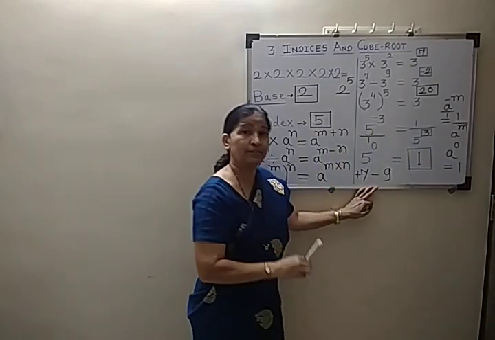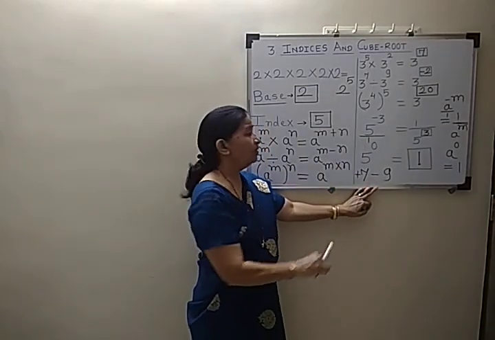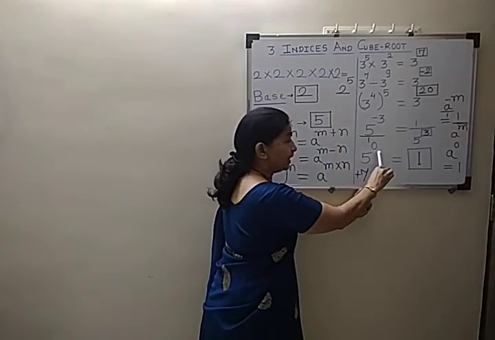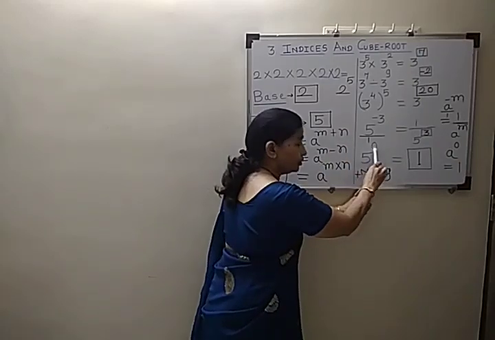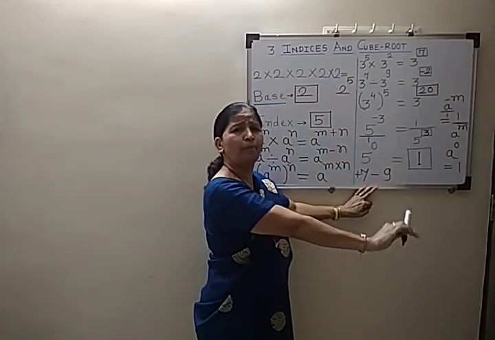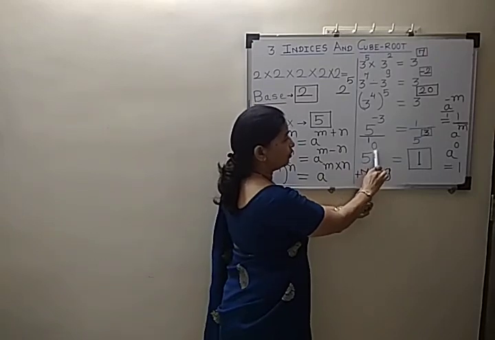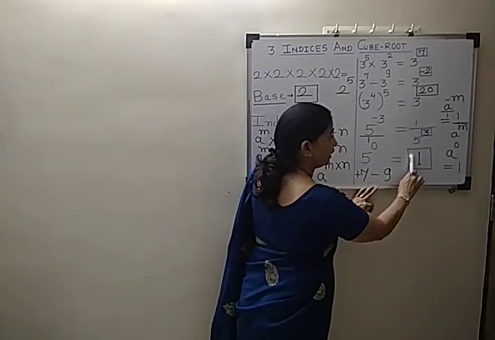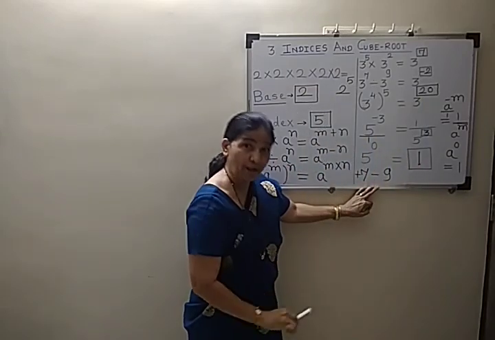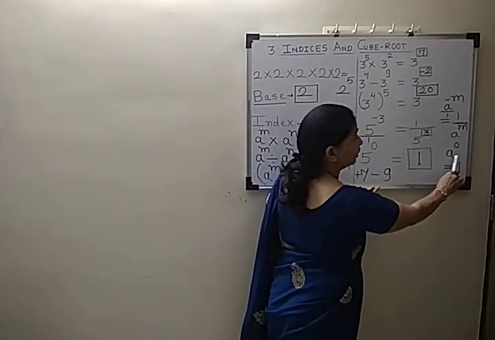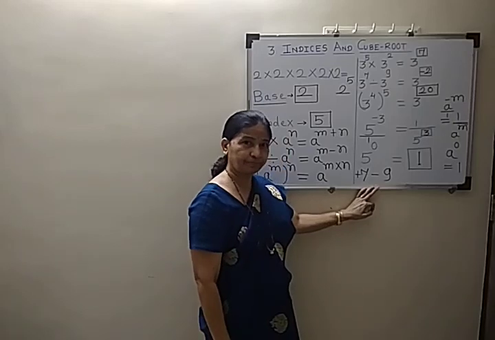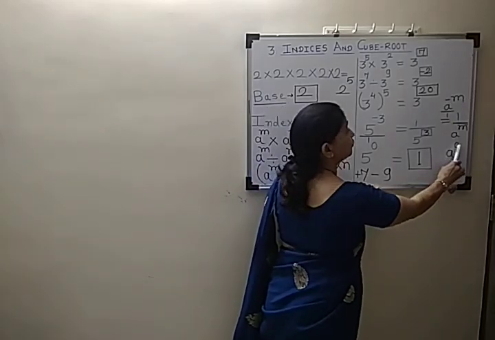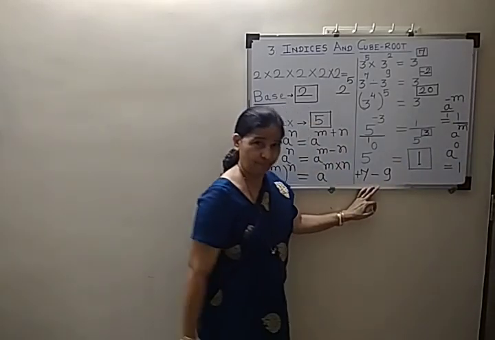So this is the rule, that when there is index 0, any number, if it has index 0, the answer of it comes as 1. The rule was in 7th standard, that a raised to 0 is equal to 1.